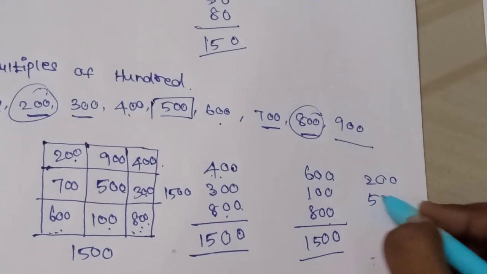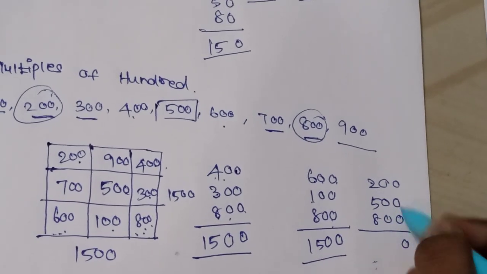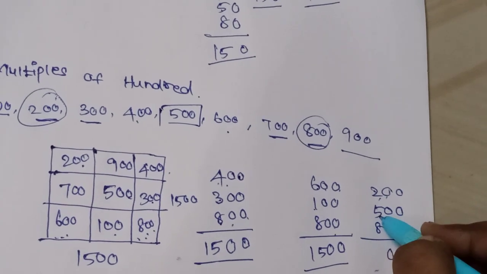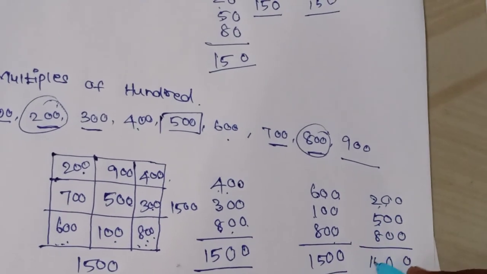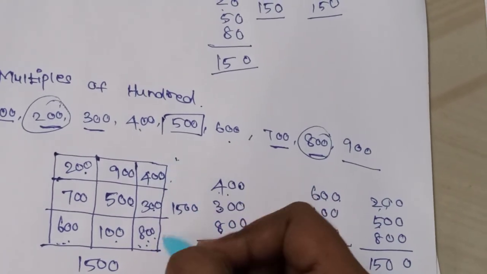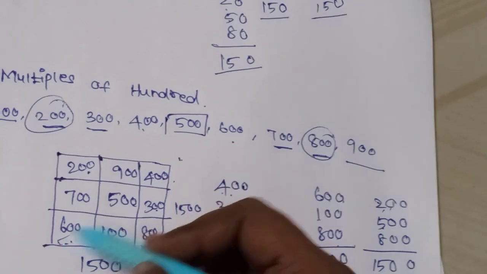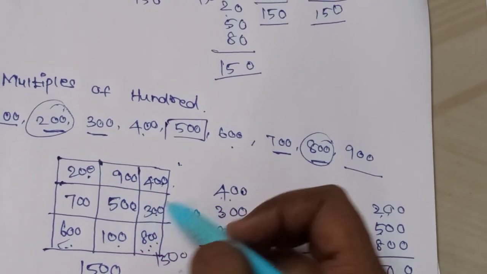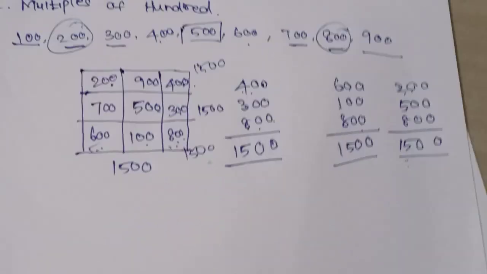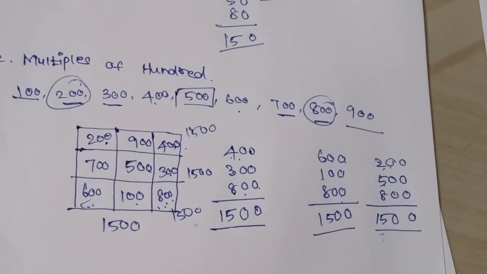Zeros for the zeros. 2 plus 5, 7. 7 plus 8, 15. So 1500. So if we add any of these diagonals or rows, we will get 1500. So we have completed the magic square for multiples of 100.